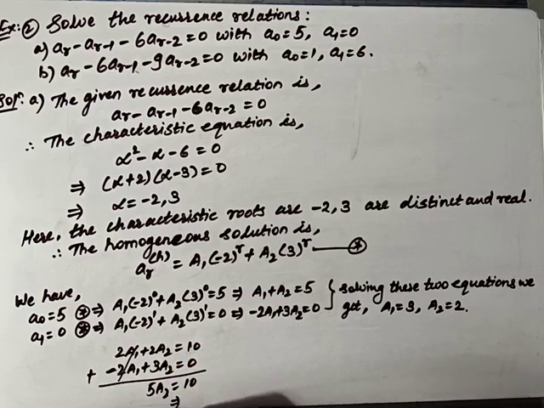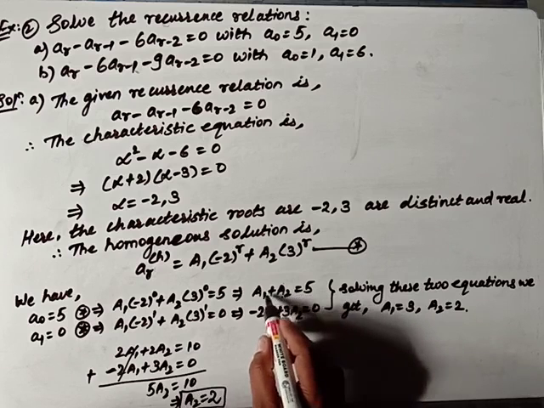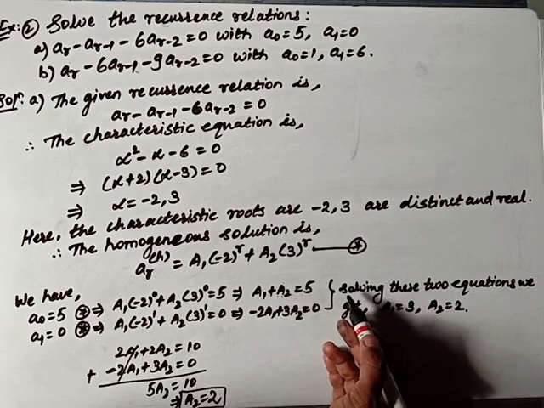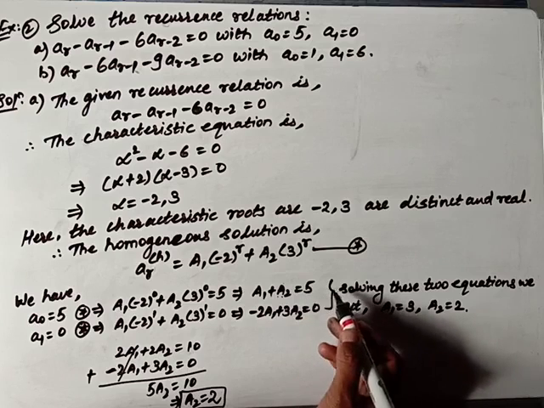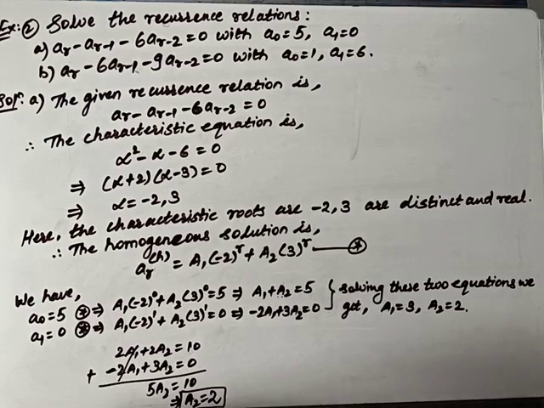So that gives us a2 is equal to 10 upon 5, so a2 is 2. Once we get a2, put it in any one of these. This is easiest to put up here. So a2 will be 2, and 2 will go to the right hand side and become negative. So 5 minus 2, that will be 3. So a1 will be 3. As such we can solve this.